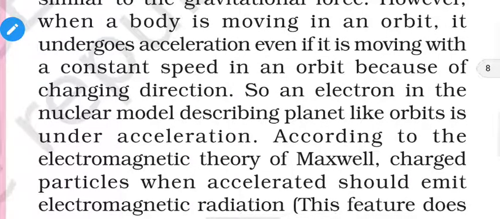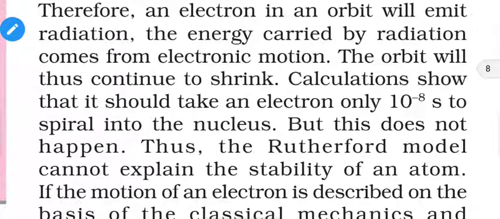So the electron in the nuclear model, describing planet-like orbitals, should feel acceleration. According to the electromagnetic theory of Maxwell, charged particles when accelerated should emit electromagnetic radiation. That means radiation containing both electrical and magnetic types of energies. And this feature is not present in planets because they are not charged particles, so therefore an electron in an orbit will emit radiation.